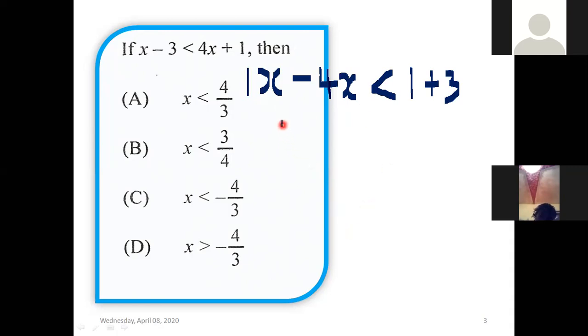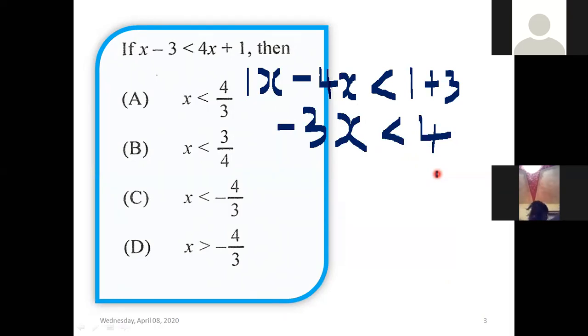So 3x is what it is. No, it's actually negative 3x, because 1 minus 4 gives you negative 3. And 1 plus 3 gives you what? 4. All right.